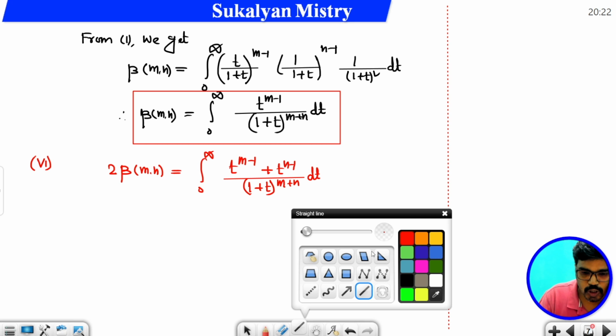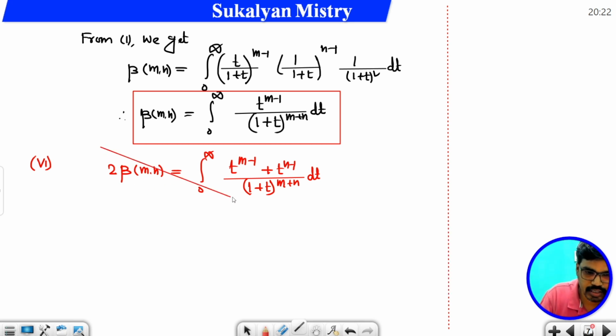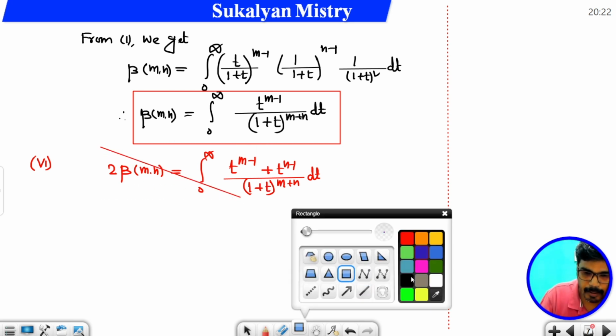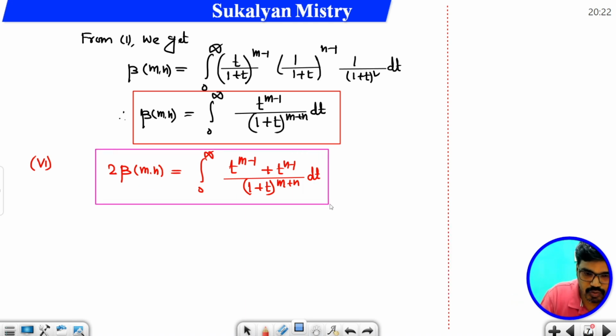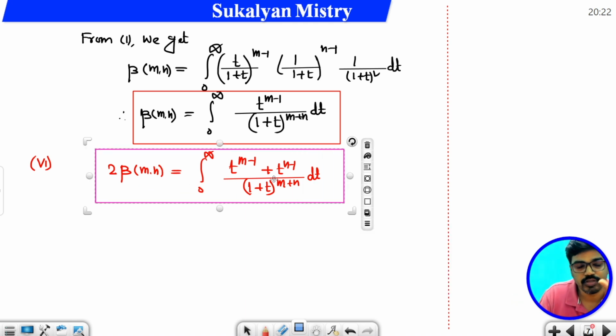The exam question can be: show that this equals this. Show that 2 beta m comma n equals this.